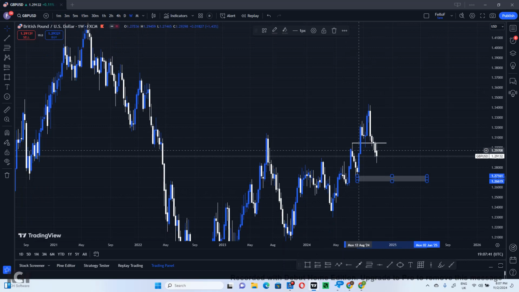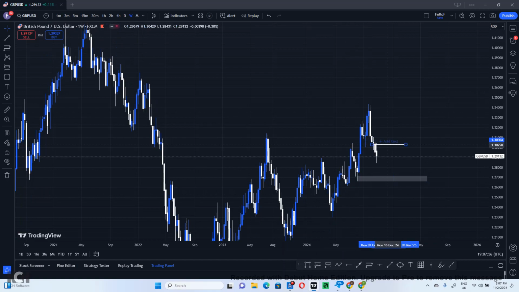But looking at this closely, you realize that this analysis I'm doing is not actually correct, because you see, this is also a structure. This is weekly, guys. This little structure here is very powerful. So you see that it has taken out the structure. Let me show you what I'm talking about. It's like we're currently in a downtrend. Yeah, we're in a downtrend.